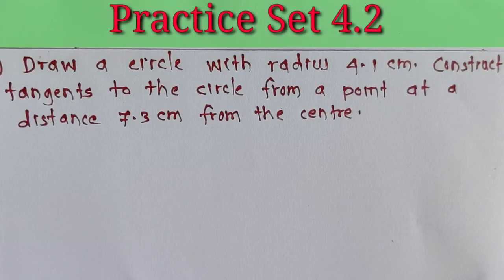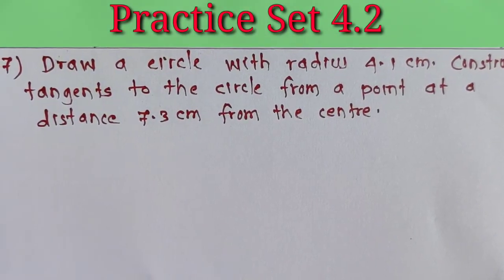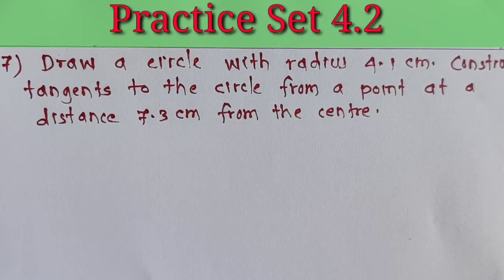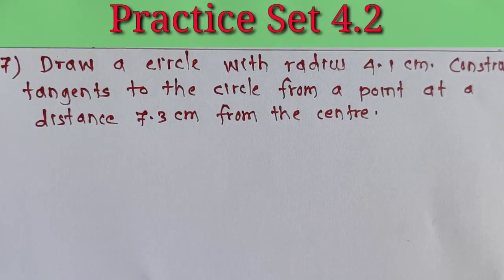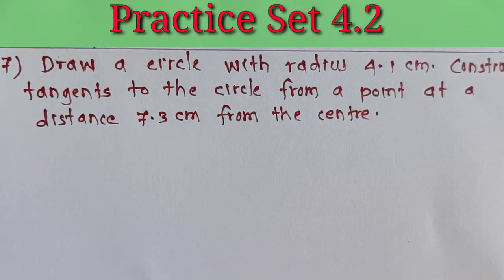Here it is the second type of construction. Construct a tangent if the point is outside the circle. The point is at a so and so distance from the center. So how to draw the tangent? First we have to draw the rough figure.